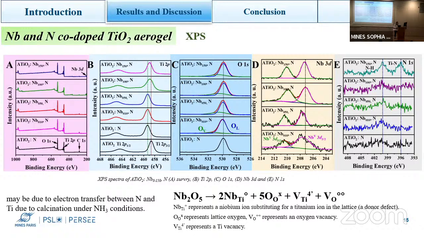What difference do you see in the formation of the gel? What is the main difference if we make the hydrolysis without nitric acid and with nitric acid? At this stage, you see the formation of a white gel, or maybe transparent.